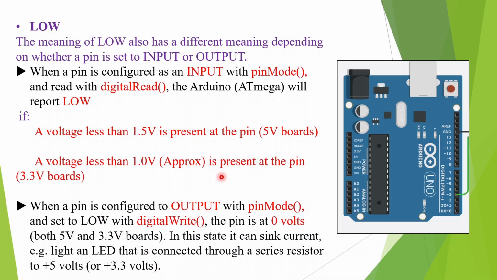On a 3.3 volt board, whatever value is less than 1 volt will be considered LOW. If we are sending LOW to the output, then 0 volts will be sent on that pin. So this is the LOW and HIGH configuration.